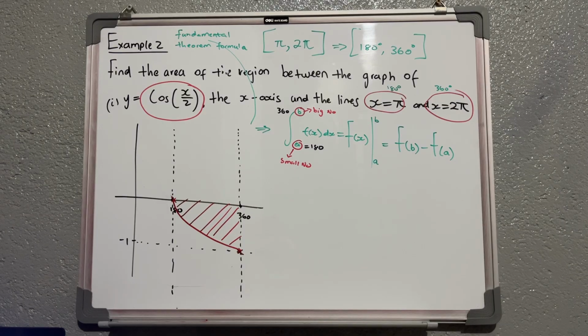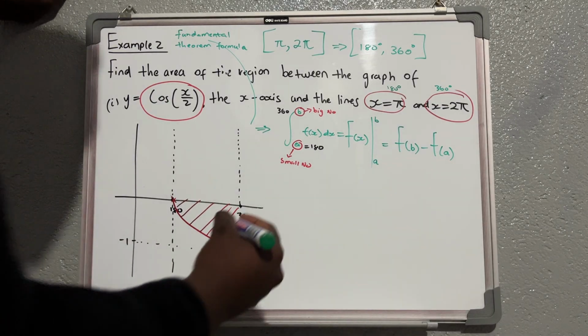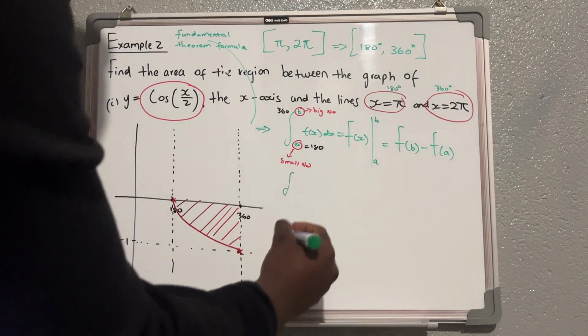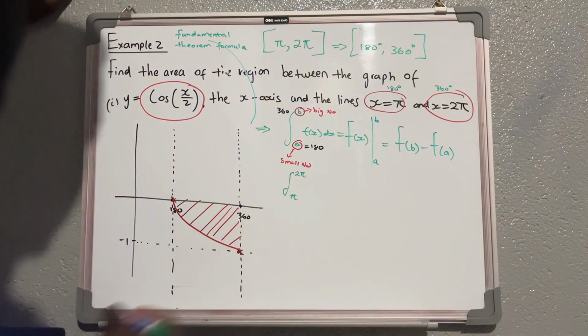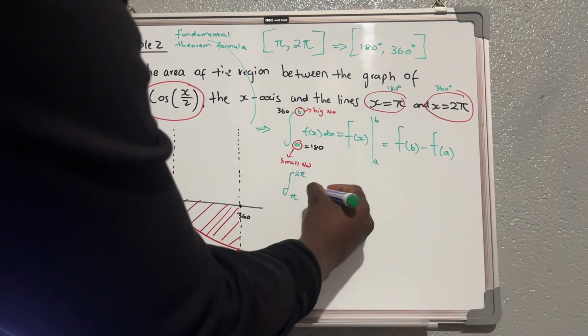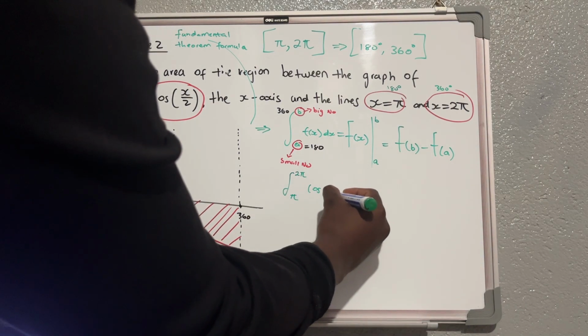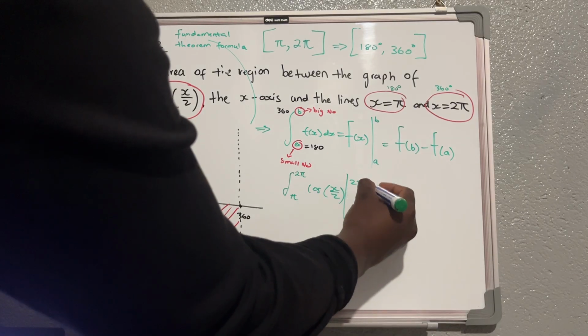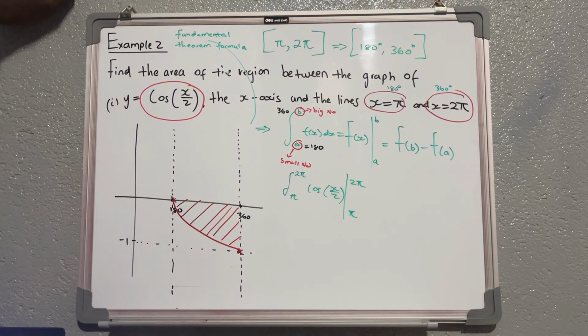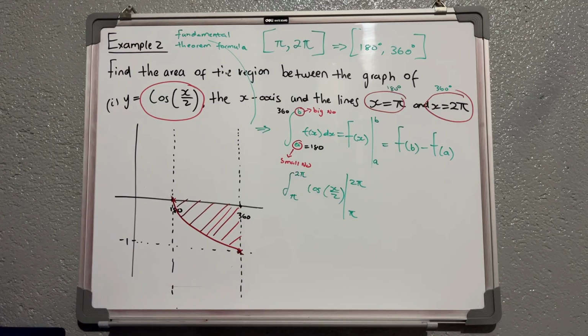So that's why you would see that they would write here 2 pi, here you have your pi, then you have your cos of x over 2. Then you have to determine it between your 2 pi and your pi. So this is how you would see it written.